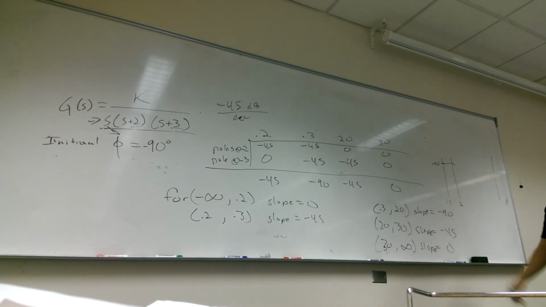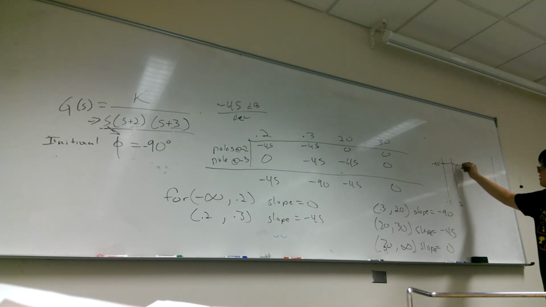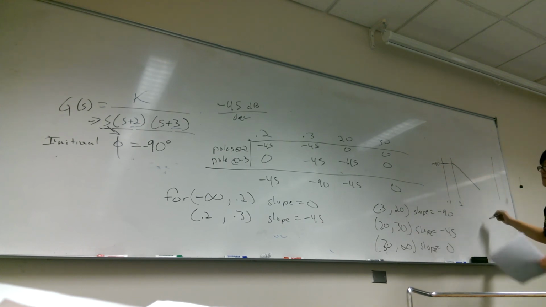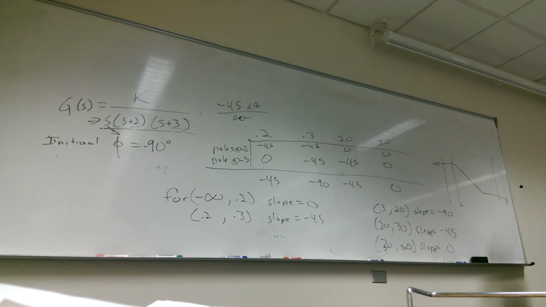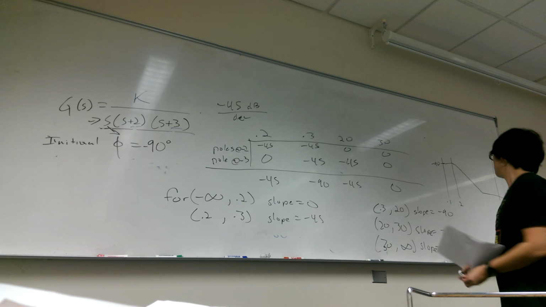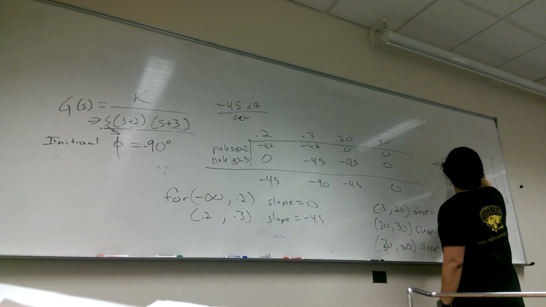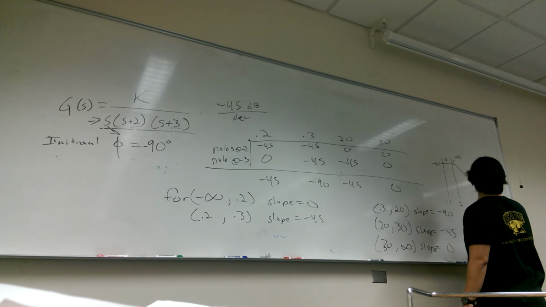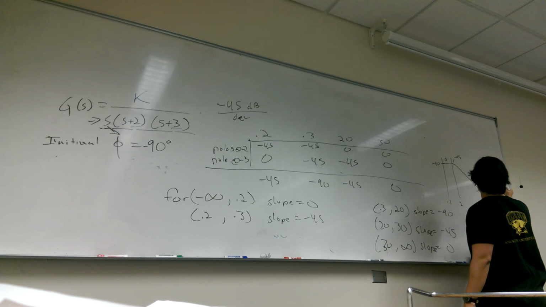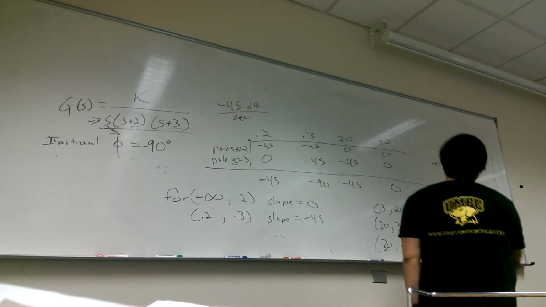Then from 0.2 to 30, that's a bit larger, so that's like negative 90. And then another slope of 45, and then flat. That was bad, but that's kind of how it looks. So: 0, negative 45, negative 90, negative 45, and 0. Slopes.